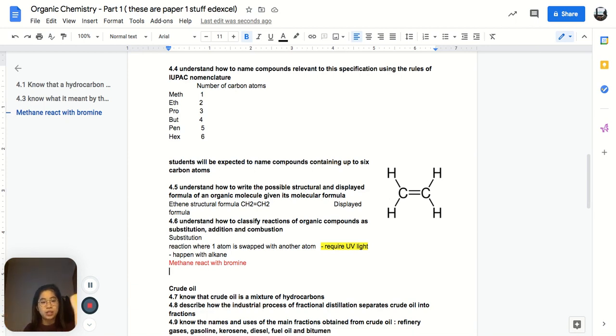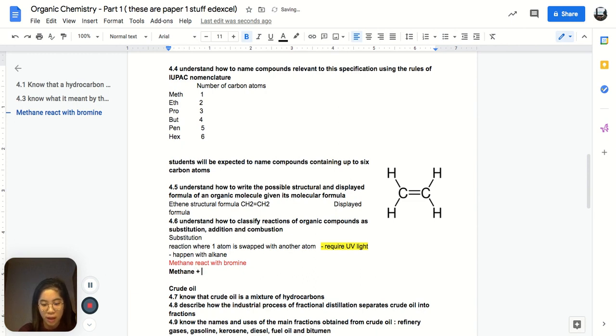They will probably ask you what you would need to require in this substitution. Then you will have to say it requires UV light, and that's probably 2 marks, I would say. And they probably will ask you how to write the chemical formula or word equation for this reaction. And this is what I'm going to show you.